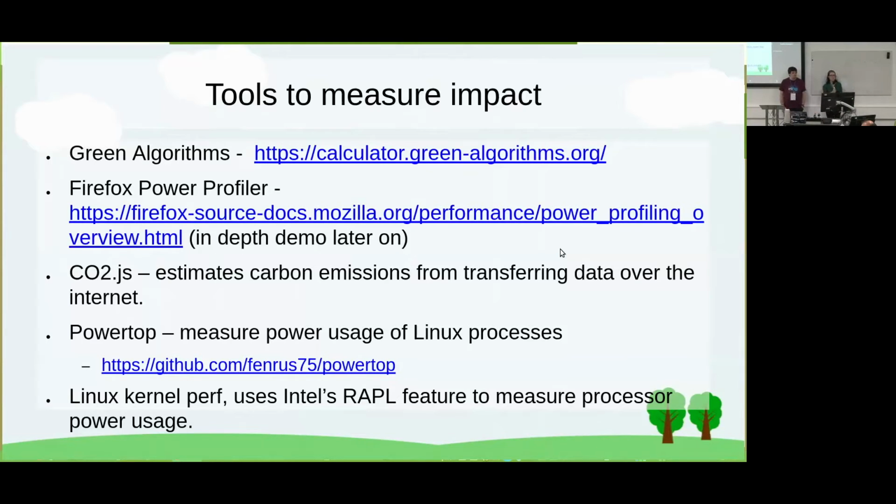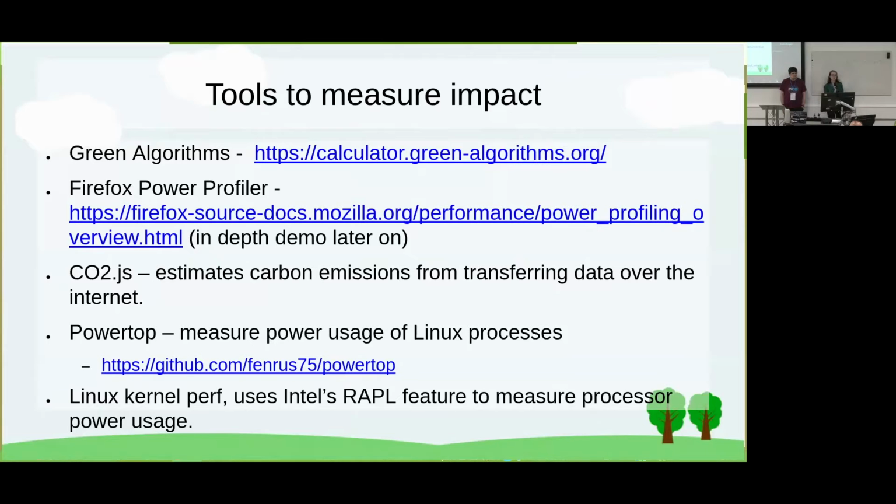There are some great resources out there for measuring what impact you're having, because it's all very well for us to say be aware that your work is ultimately releasing carbon and having an effect on the climate, but it helps to quantify that. Nothing's perfect, but there are some great resources that can help to quantify or estimate that in a decent way, perhaps a very good way, depending on the context.